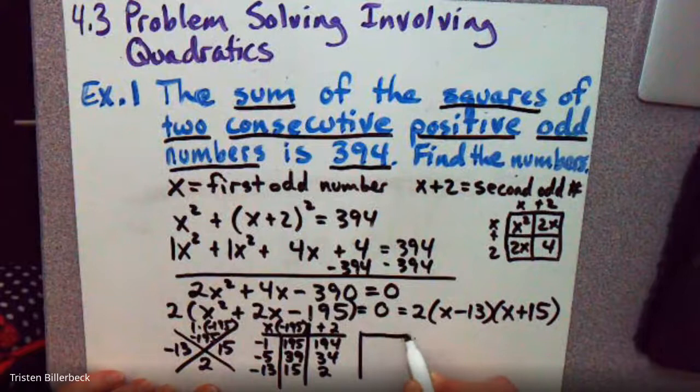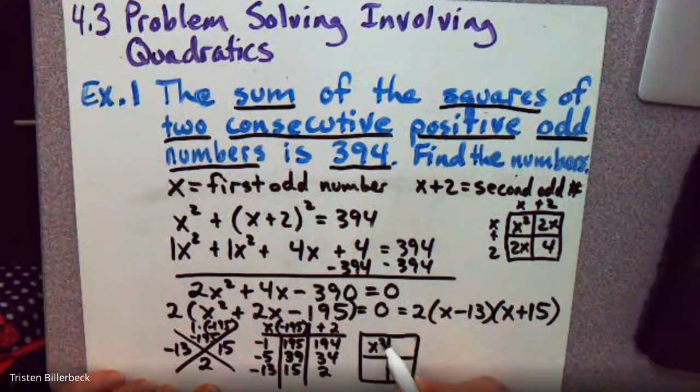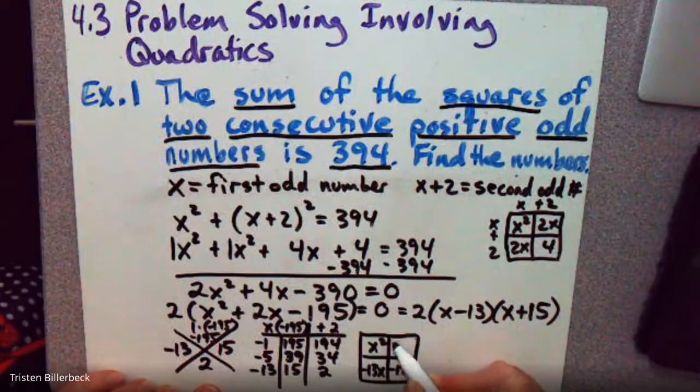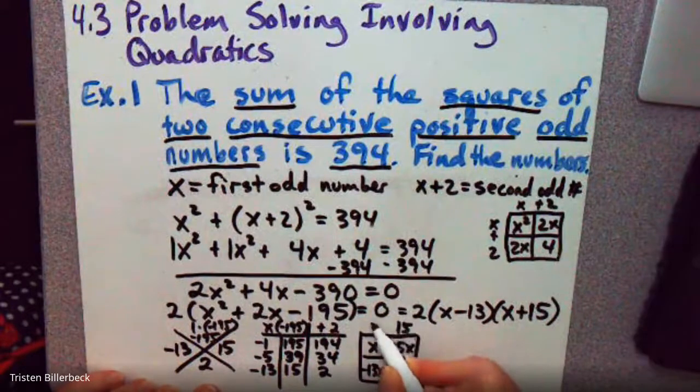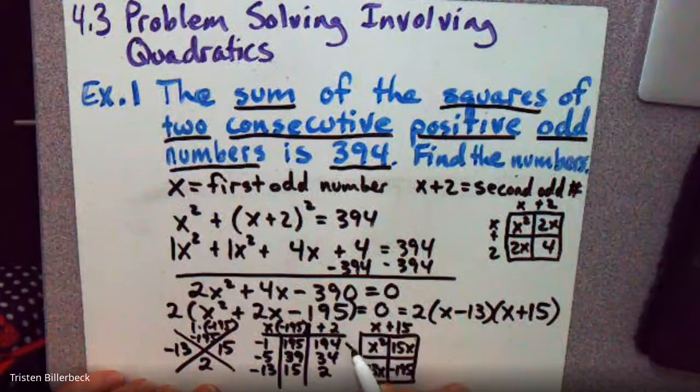So with the box, okay, we have x squared here, negative 195 here, we have negative 13x, and we have 15x. Okay, the greatest common factor here is 15. We have x plus, and then x.